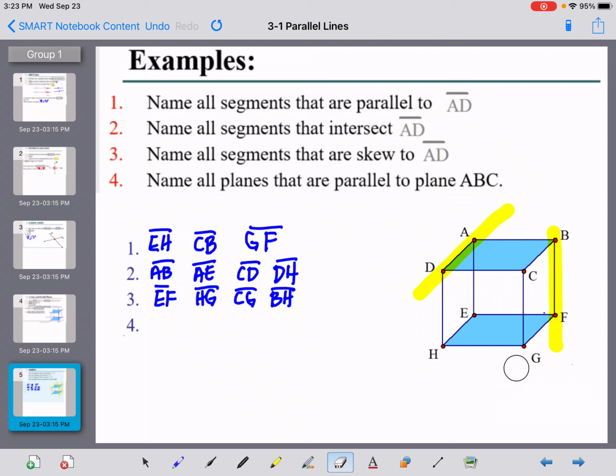So let's just talk about this one more time. We are not naming BC, FG, or EH because those are all parallel. All right? And we are not naming DC or AB because they touch line AD.